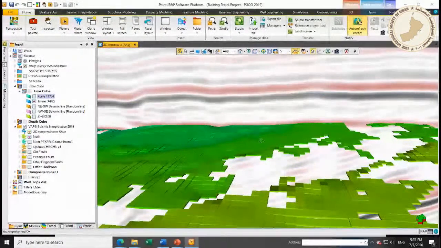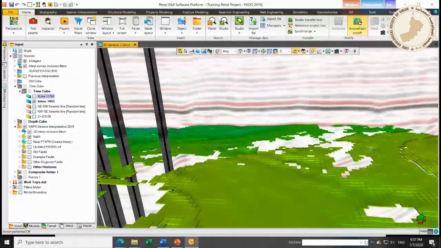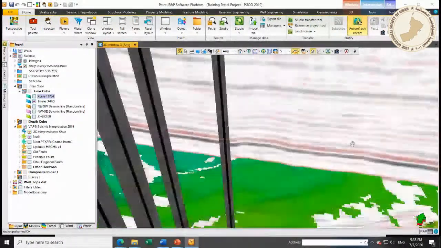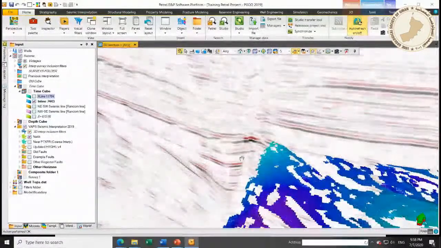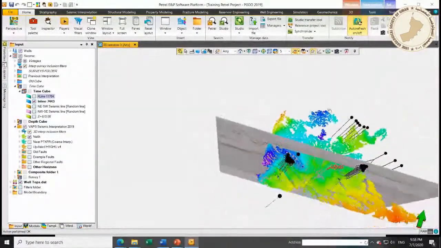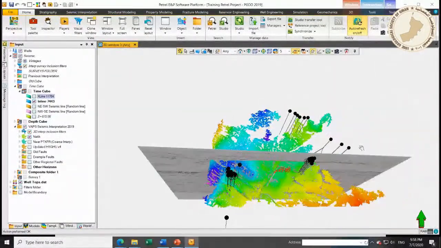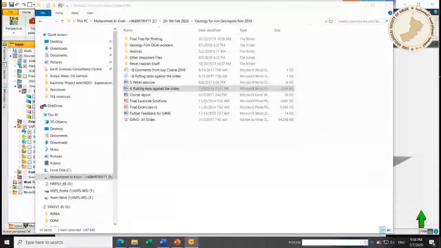So this is Natih E actually, whereas probably the top one is Natih A. Anyways, whichever it is, somebody has tried to pick this reflection, follow it up, and produce a 3D image of the Natih. And then later on, we can take this image of the Natih to make a surface. And in that surface, you can choose how big that surface is in order for you to image it.